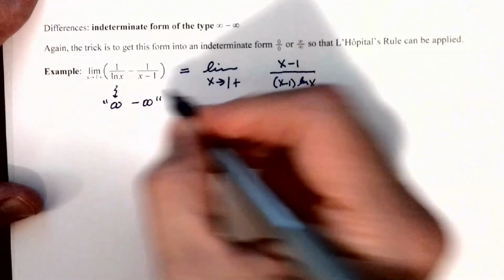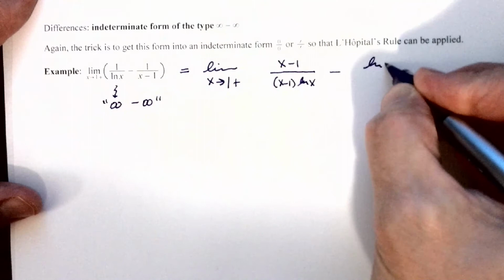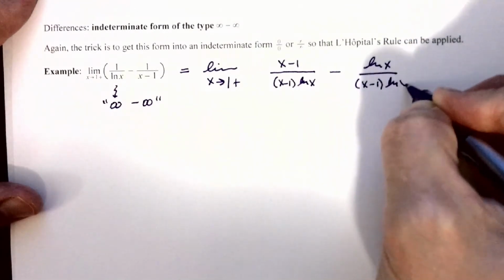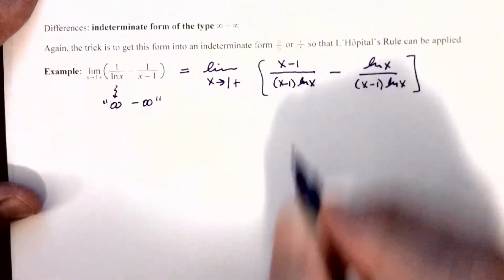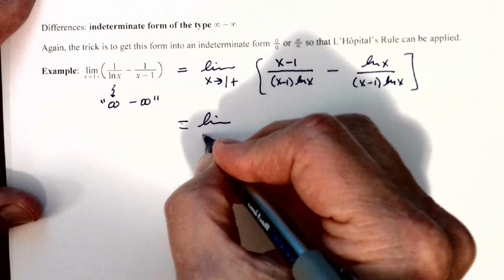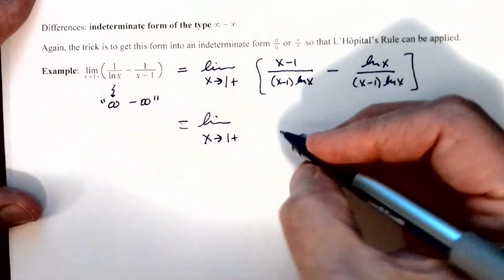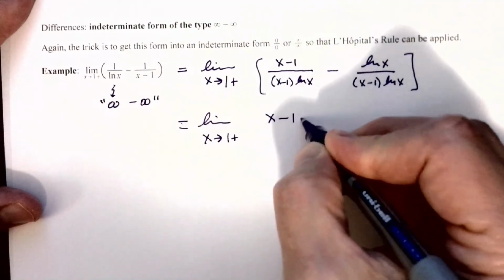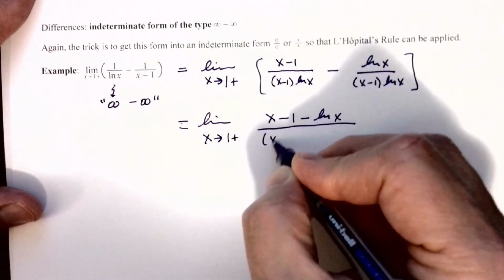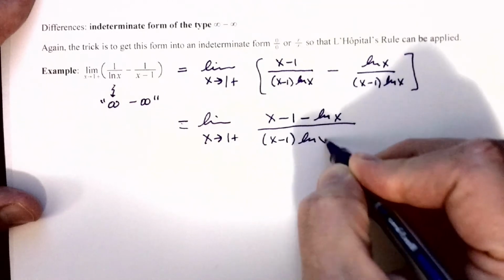And this fraction I'll multiply top and bottom by the natural log of x. Okay. Now I can subtract the two. And up top I get x minus 1 minus the natural log of x. And in the bottom I get x minus 1 times the natural log of x.